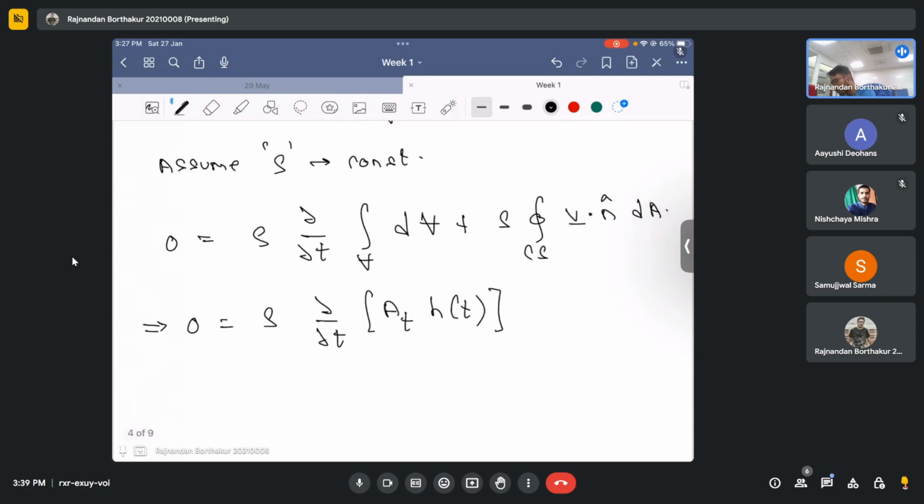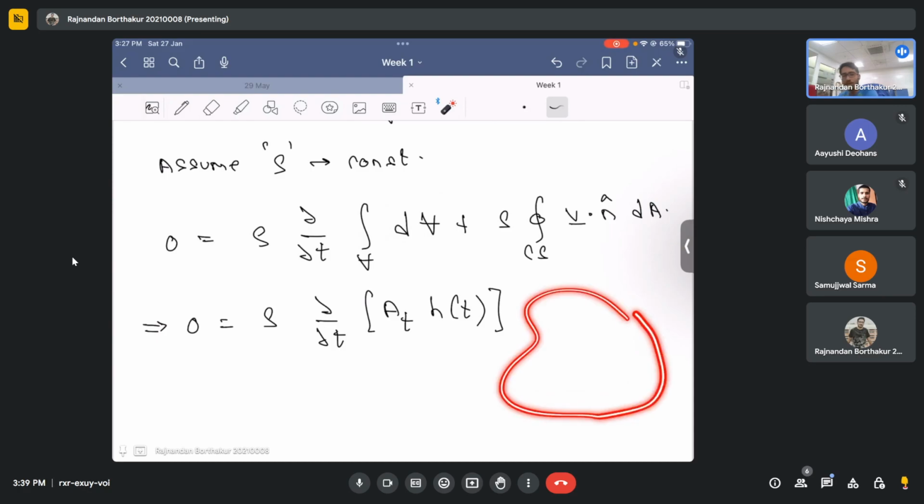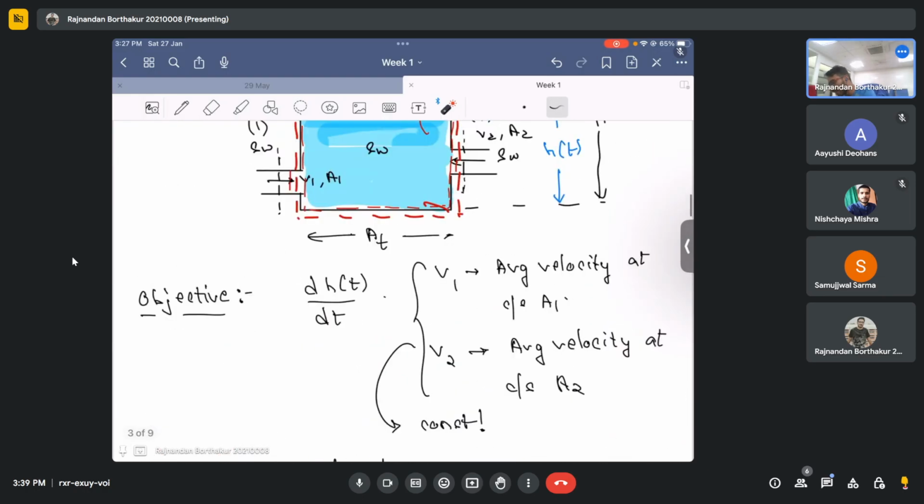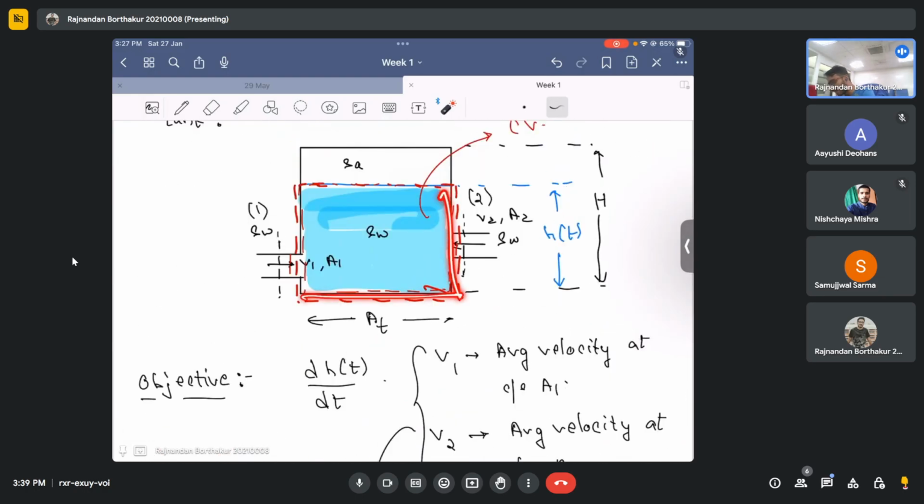I hope the step from here to here is clear. I will again repeat: there is a total volume in space, I'm taking an elemental volume in it and integrating over the entire volume, which is nothing but the volume of the control volume. So in our case, the volume of the control volume is the area multiplied by height.